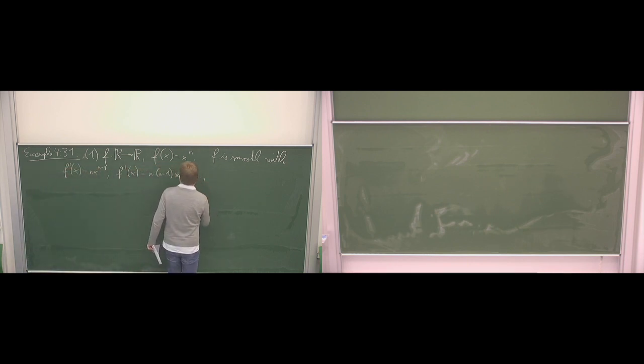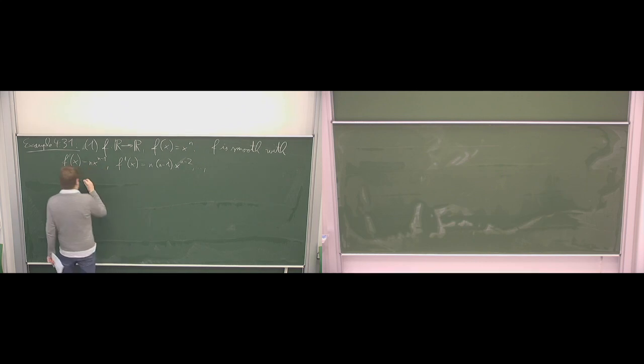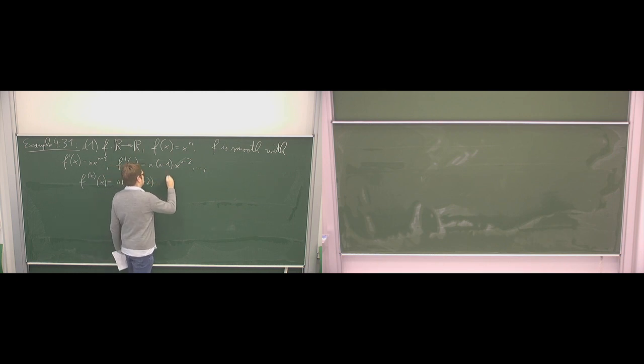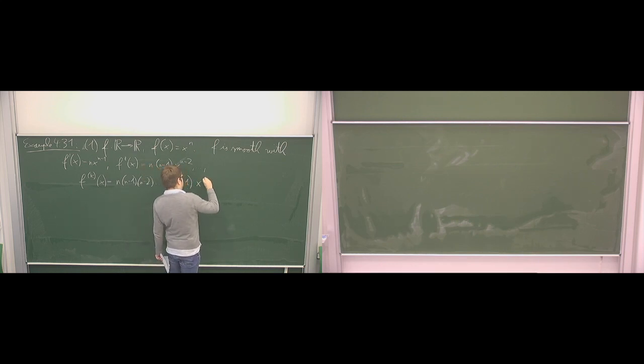And the general form is that the kth derivative of f at x is n times n minus 1 times n minus 2, and so on, until n minus k plus 1, times x to the power of n minus k.